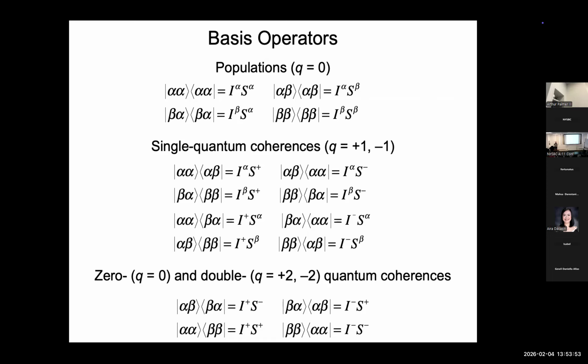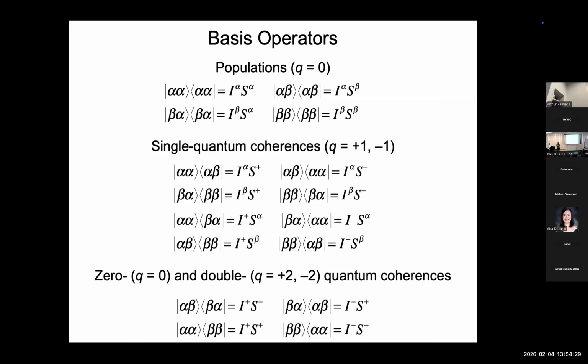Yeah. You use Q here as the coherence order. Yes, and then when you look at coherence terms for pathways, it's the same thing. Yeah, but how do you tell the difference between population and zero quantum coherence? So for phase cycling, you can't. When you talk about phase cycling, this is an orthogonal basis set. The matrices are all orthogonal if I multiply them and take the trace.